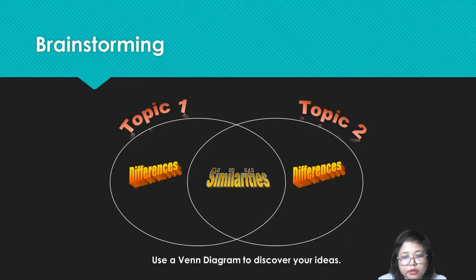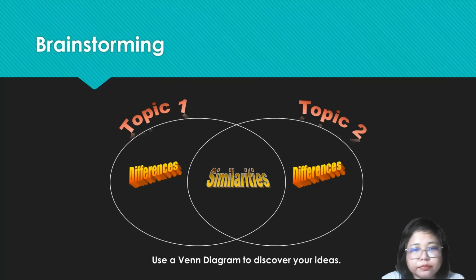After you feel that you understand the paragraph, you can start to brainstorm your ideas. Choose two topics to compare or contrast, and then you can use this Venn diagram to find the differences between those two topics, and also find the similarities.